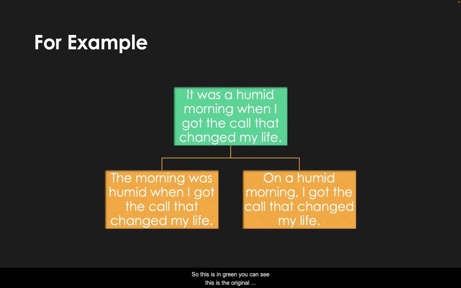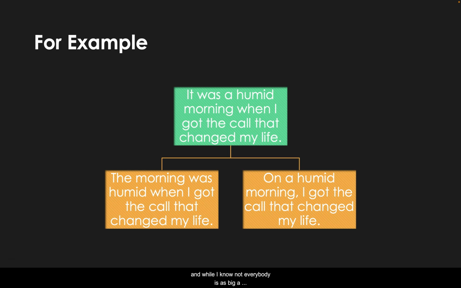So, in green, you can see this is the original sentence that I'm working with, and the two in orange are the revisions. It was a humid morning when I got the call that changed my life. You can see that the word it in that sentence that starts it out isn't really doing anything because the actual subject of the sentence, the thing I'm actually talking about, is either the morning or the phone call.